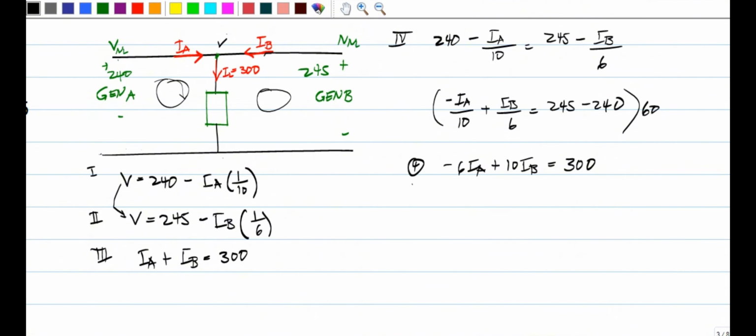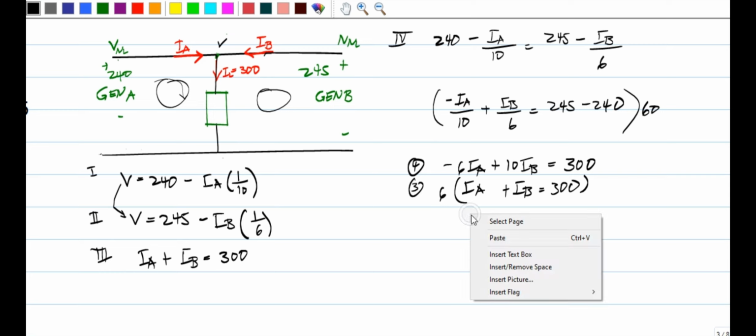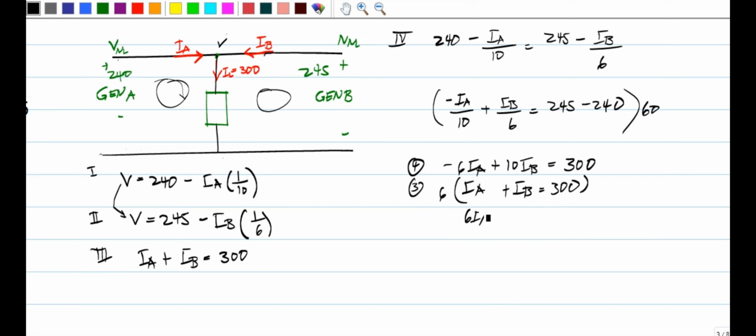And equation 3 here, IA plus IB is equal to 300, times 6. So we have 6IA plus 6IB is equal to 6 times 300, 1800.